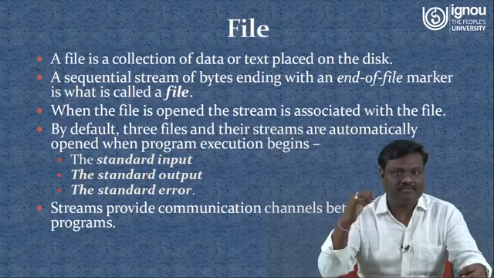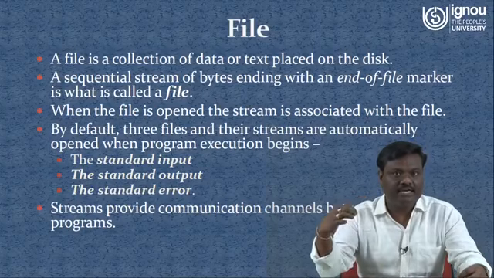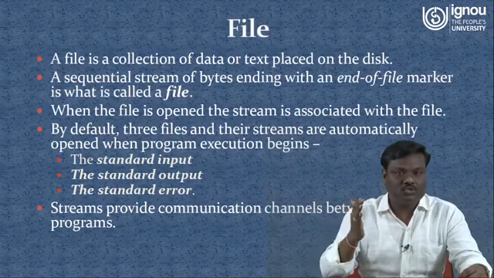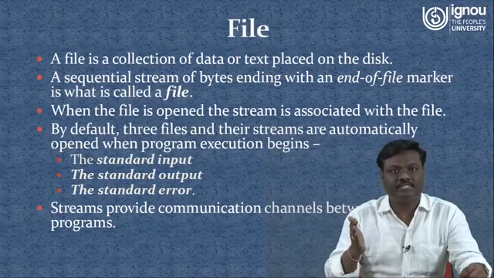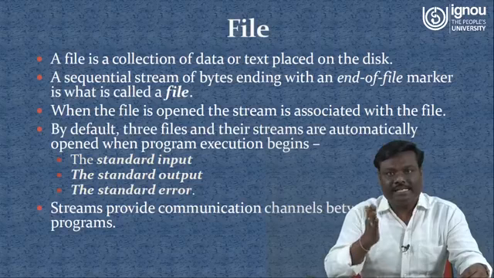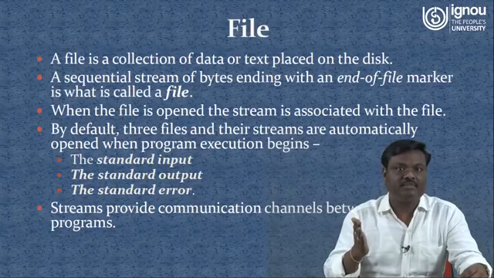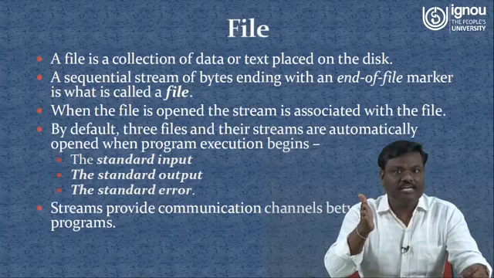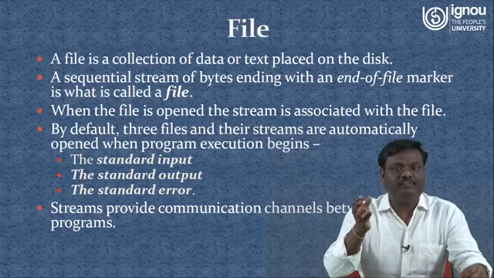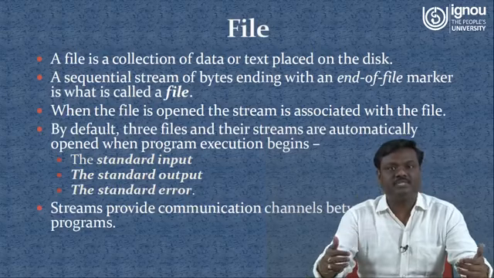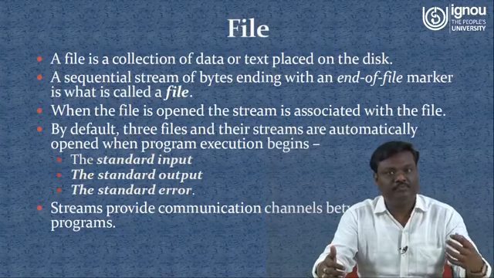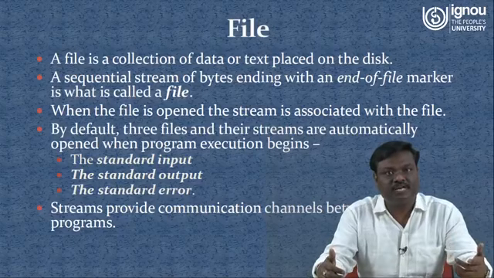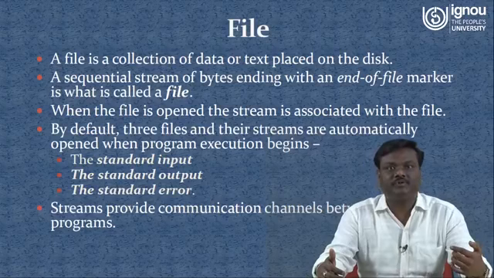So the start of the file and then there will be an end of file marker, EOF, the end of file marker. So that is the delimiter for a C file. So till then the bytes will be streamed and the end of the file will be EOF. So when the file is opened, the stream is associated with the file, whether we want to input some values into the file or else whether we want to read some values from the file.